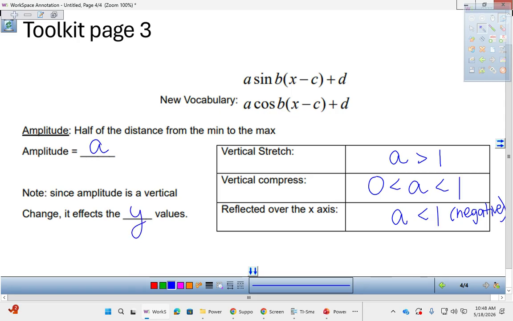A vertical change is going to do nothing to the 0, pi over 2, pi, 3 pi over 2, and 2 pi, because that's X values. That's a side-by-side change. Vertical stretch is an up and down change. So what's going to happen here is we're going to change these values based on what the A is, all right? And it's going to be different for all of the problems.